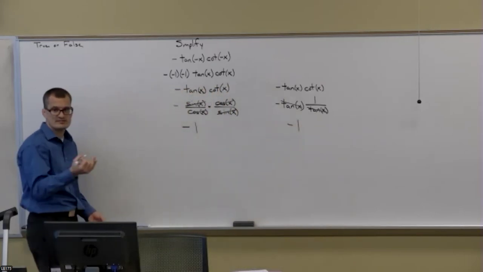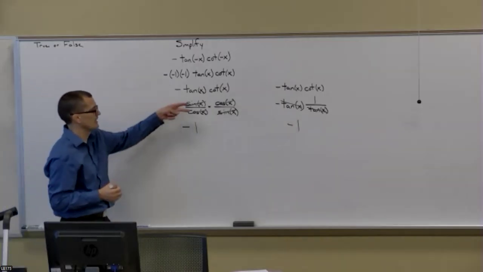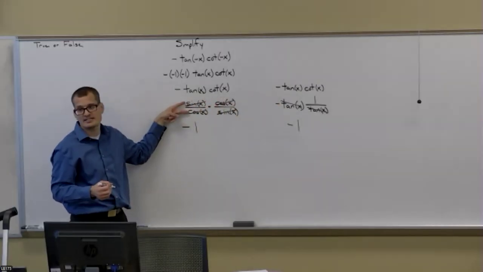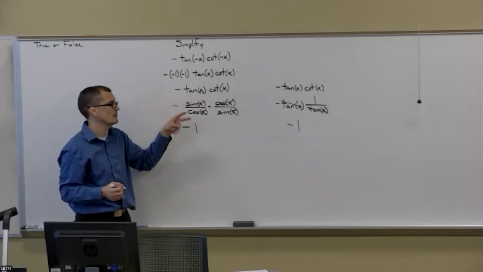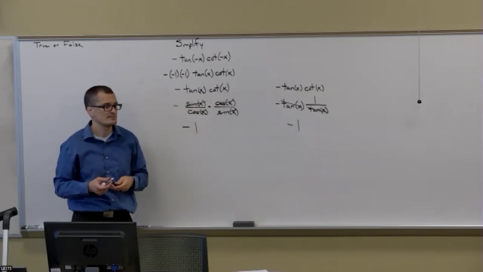So again, these are the slightly different paths you can use. If you want to use reciprocal identities, that's fine. If you want to use quotient identities, that's fine too. In this case, both of those lead to the same outcome.